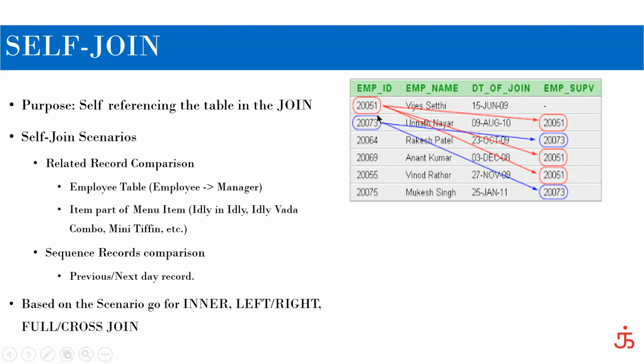But if you want to bring the records of employees who do not have a manager, the top level employees, then you need to go for left join, so that even if they don't have a right side table record, it will bring them. And cross join you can use in the case of IPL. With the same team, 10 teams, you take an alias. One is called the team and the second is called the opponent team. Both will be the same, so you can use a condition to generate the matches.